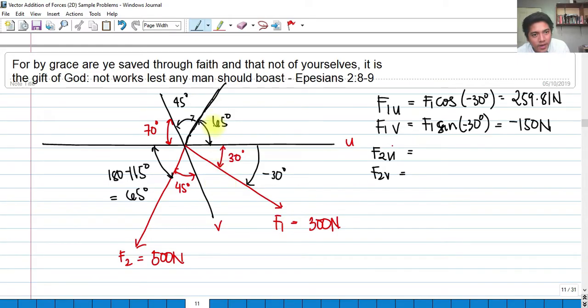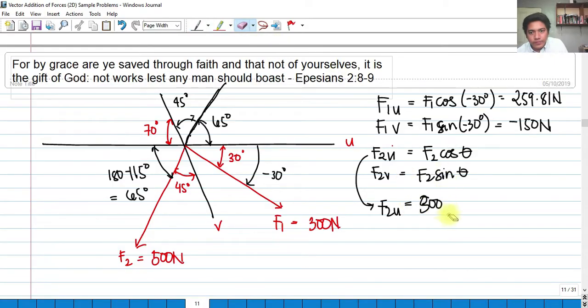I can use 65 plus 45 plus 70 plus 65 to get the F2 cosine of that theta, because this theta is measured from the positive U. So for F2U, we have F2 which is 500 newtons, 500 newtons cosine of 65 plus 45 plus 70 plus 65, that is cosine of 245.